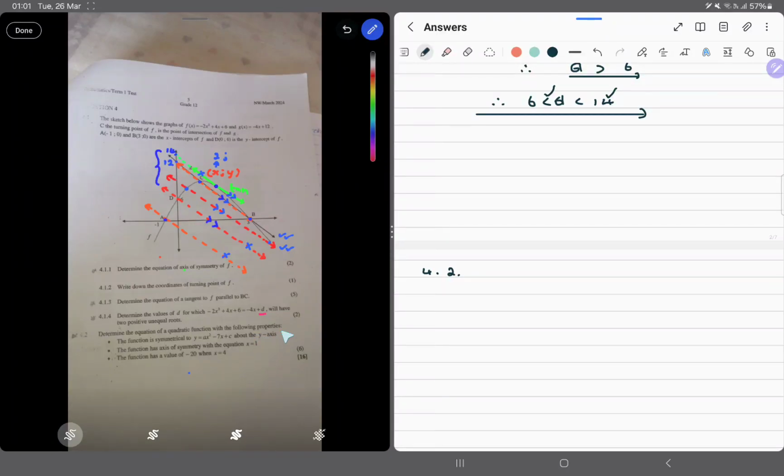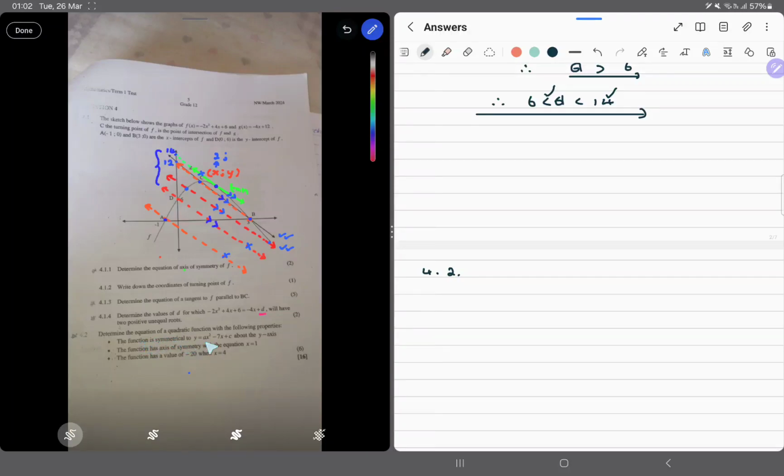That is a reflection. Now, a reflection about the y-axis is what we call a horizontal reflection, okay? Now, a horizontal reflection says the x values are multiplied by negative.